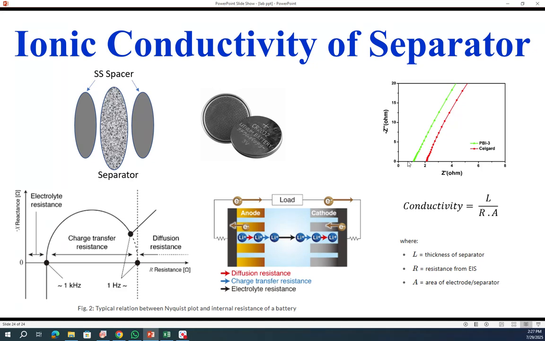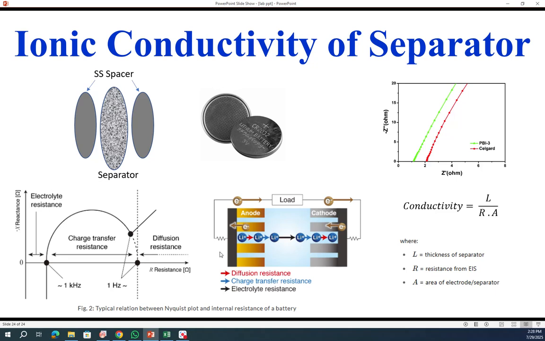You can see the resistance starts from a value greater than 1 ohm, or sometimes greater than 2. There is no semicircle, because this is a straight line which corresponds to the diffusion resistance, because the electrolyte or lithium ions are diffusing inside the separator.